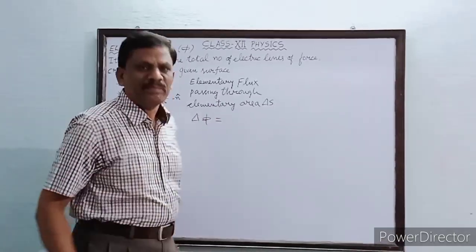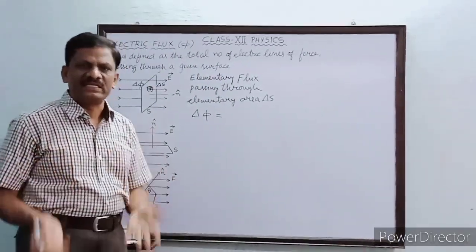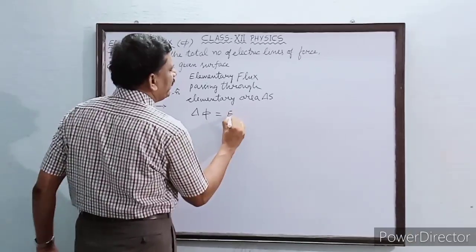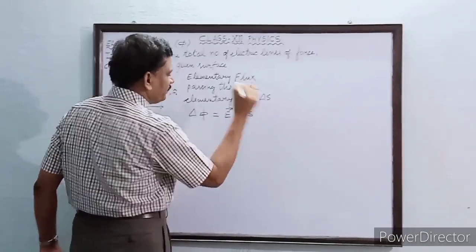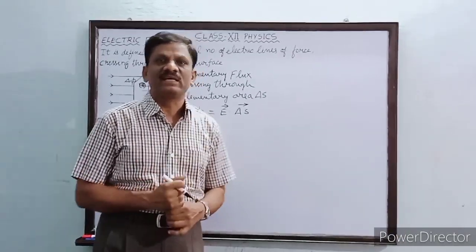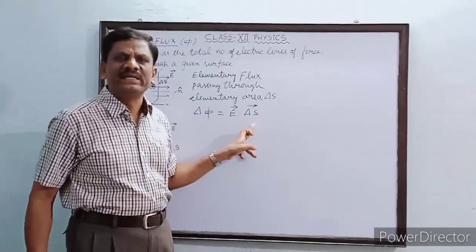This is denoted by the symbol delta phi, and mathematically it is defined as a dot product of the two vectors. So this is E vector dot product delta S vector. So mathematically, how have we defined electric flux? It is the dot product of the electric field vector and the elementary area vector.